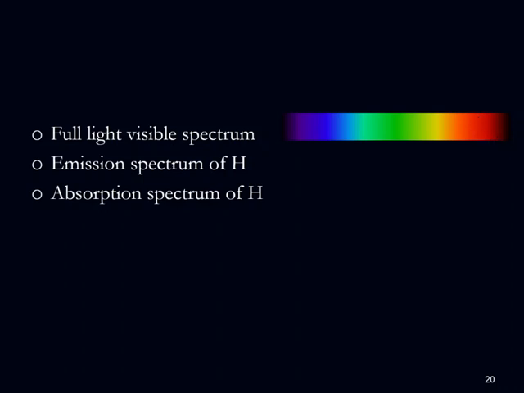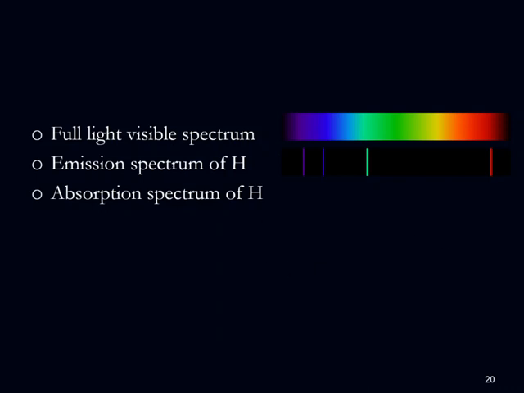Well, whenever they looked at the spectrum of the hydrogen source, you see only distinct bands. You don't see all of these blues and greens and reds. You just see individual bands of light that came up every time anybody ever looked at the spectrum of hydrogen.